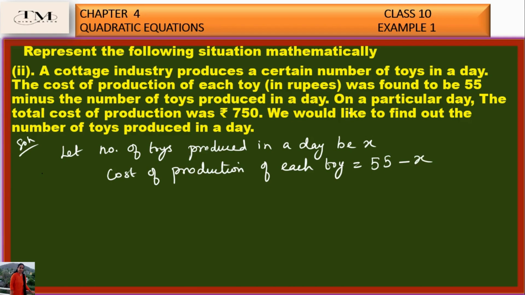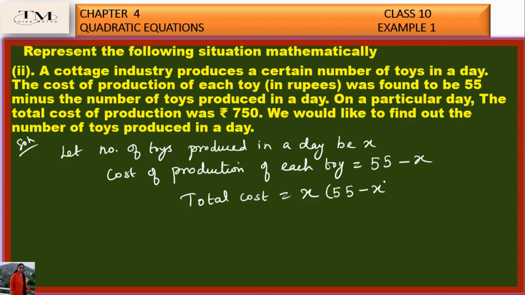Next, on a particular day, the total cost of production was rupees 750. What do you mean by total cost? Number of toys into the cost of production of each toy. The number of toys is x, and the cost of production of each toy is 55 minus x.